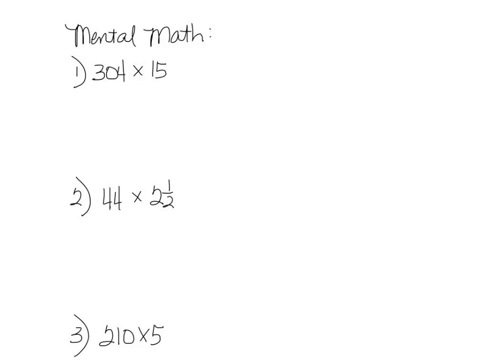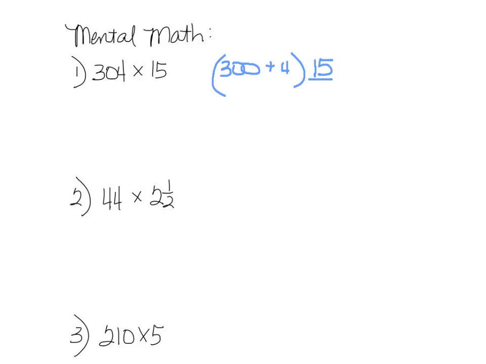So look at number 1, 304 times 15. Well, I don't know my 304 times tables. So here's how I can facilitate mental math. I can break down 304 into an expression that looks like this: 300 plus 4. I can substitute an expression that equals 304, and then that times 15.